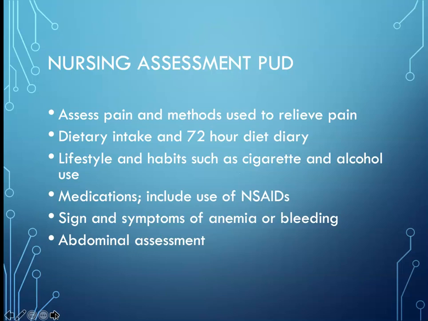Because let's face it, habits once formed are really hard to change. And then avoid the use of NSAIDs because this will increase the symptoms. And then teach the patients the signs and symptoms of anemia or bleeding, and then abdominal assessments.